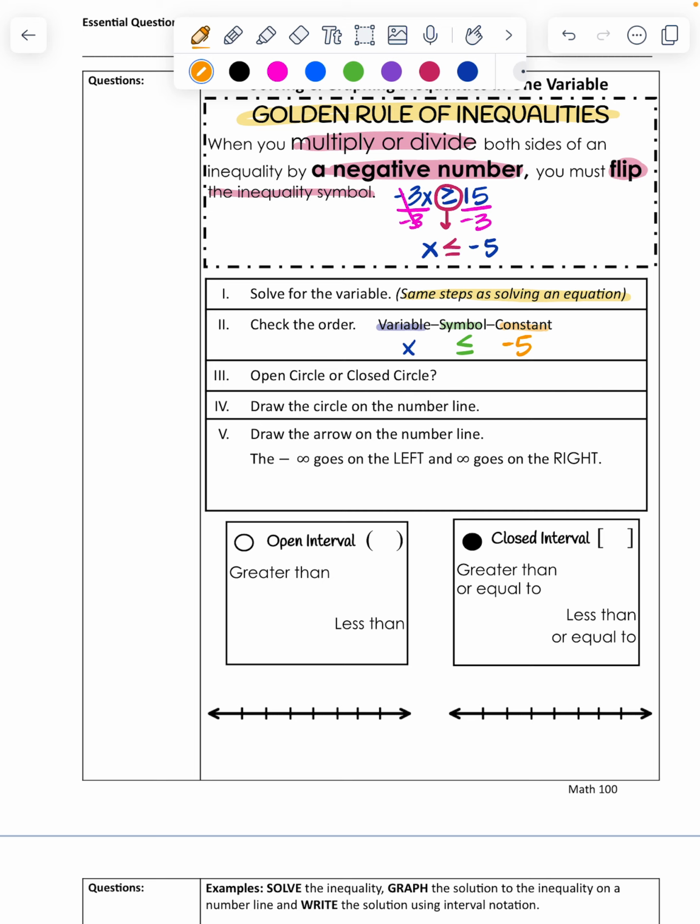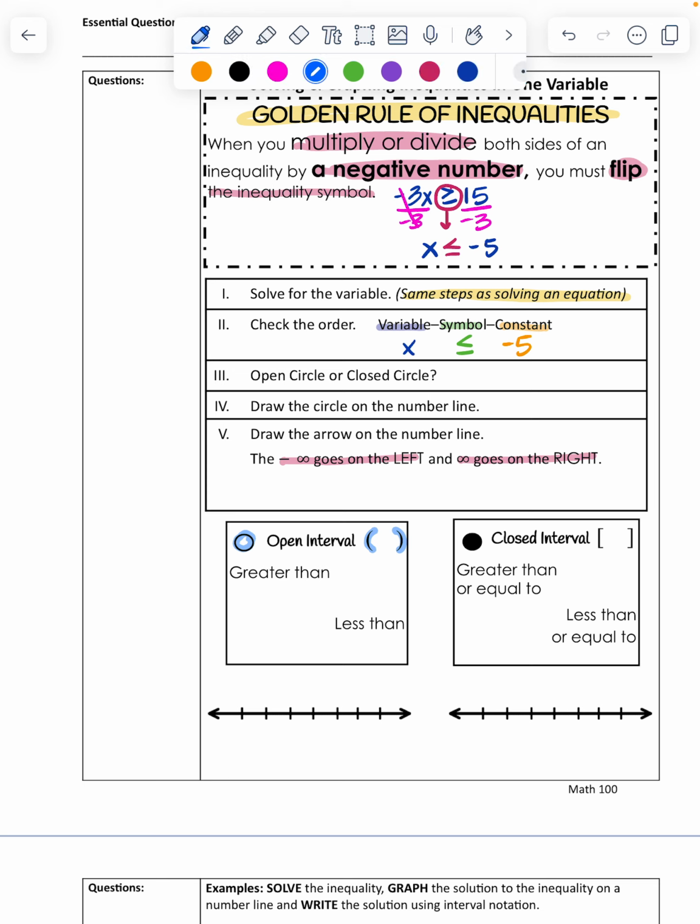Decide whether you're going to use an open circle or a closed circle for the number line. Draw the circle on the number line and then draw the arrow. So remember that negative infinity goes on the left and positive infinity goes on the right. For an open interval, we will use an open circle, and you'll make sure you use parentheses when you do interval notation.